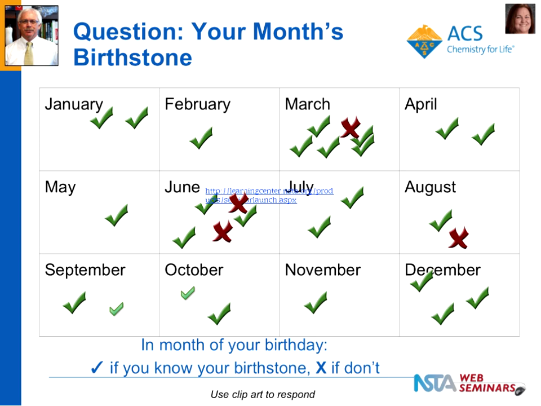So if you know your birth month, place an X, but not if you know your birthstone. And then if you know your birthstone and your birth month, put a check mark and put it in the correct month. I'll allow for about 10 more seconds of marking, and then I'm going to turn the clip art off so that we can turn the program back to Michael. So you've got about 5 more seconds. All right, I'm going to disable the clip art, and it's all yours, Mike.